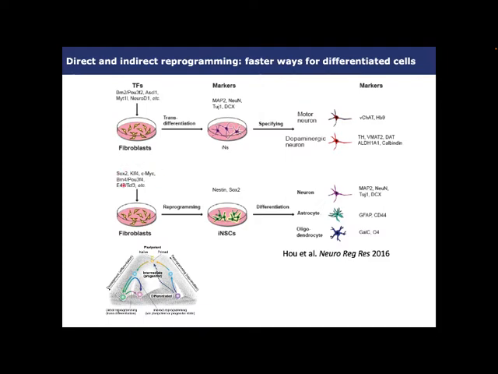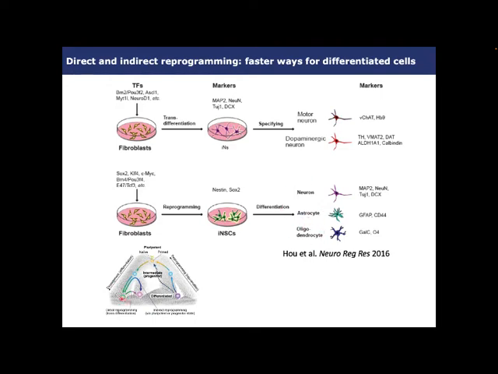And if we add another combination of transcription factors, which promote the reprogramming of fibroblasts toward neural stem cells, we call this induced neural stem cell, which expresses the neural stem cell markers such as NES and SOX2. Then, as this is a neural stem cell, we can generate diverse types of neural lineage cells such as neurons, astrocytes, and oligodendrocytes.